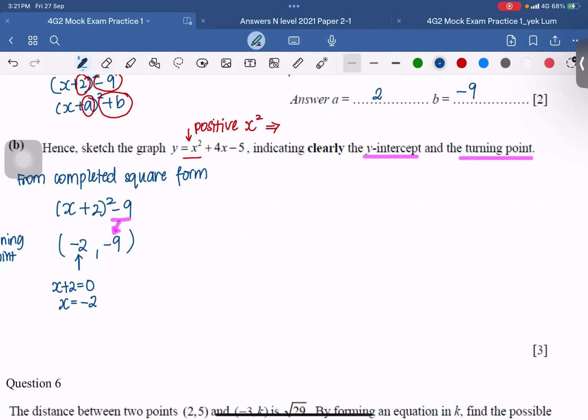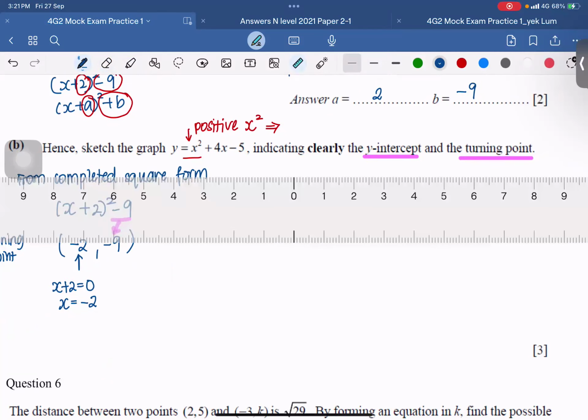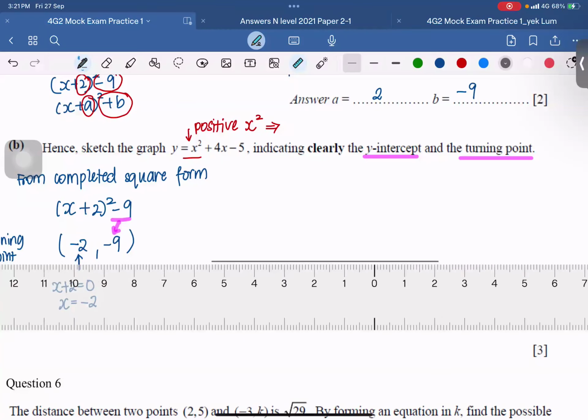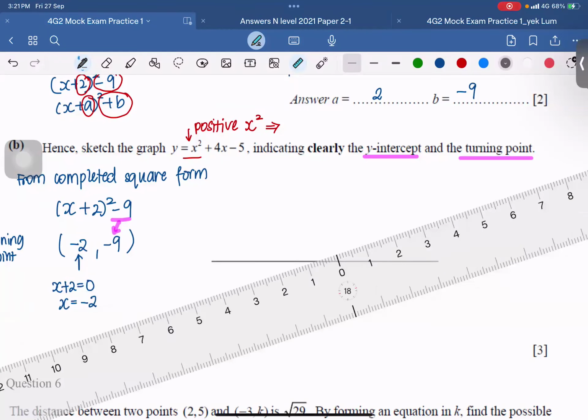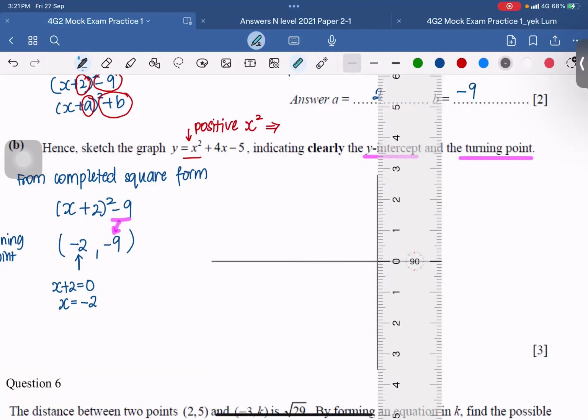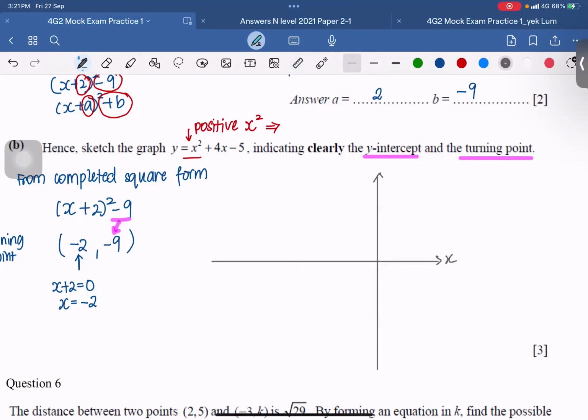Okay, so now what am I going to do? If I want to sketch, I need to draw -2, -9. So I will need more of a negative axis, and I need a -9, so I'll need more negative numbers. So I have x value and y value.